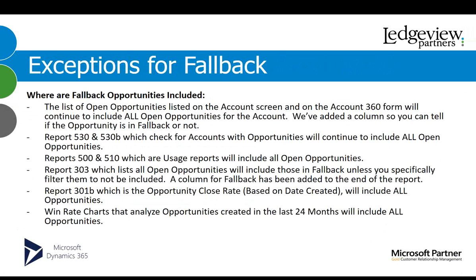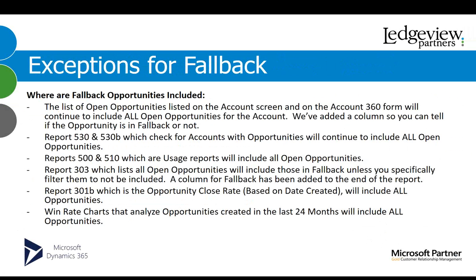Now, some exceptions of where fallback still does appear. In other words, I was saying that anything in fallback is mostly pulled out of reports, dashboards, charts and views. Here are some exceptions. Open opportunities lists on the account screen and the account 360 form are going to include all opportunities, including fallback, but there's going to be a column stating it.